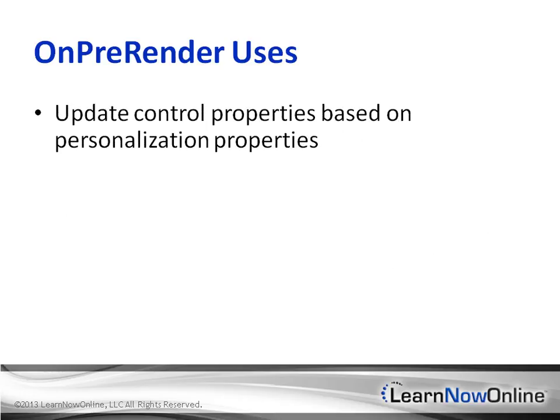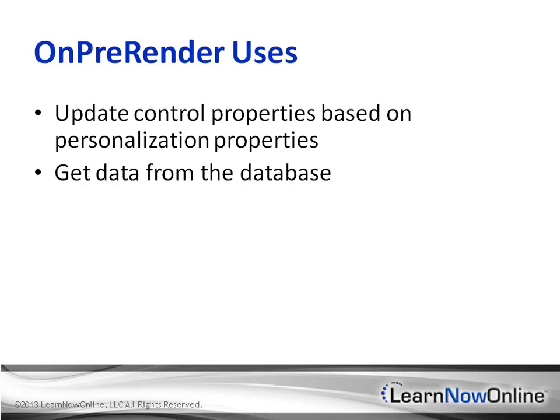So where does this fit in with our web part that we're working on? Well, update control properties based on personalization properties. So when personalization changes get read from SharePoint and get populated into our web part, that's when we need to change the control properties in our web part.